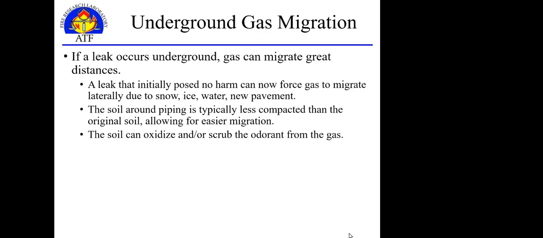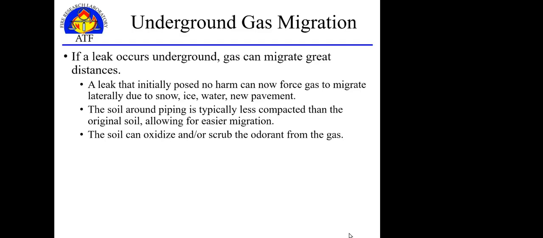What's also interesting with underground leaks is gas can migrate quite a ways underground. Let's say I have a leak outside of my structure, but underground, that started in the summer. That might not be a problem until winter comes and the ground freezes and I've got snow and ice on top of it. Now that gas can't migrate upwards through the soil into the atmosphere, so it migrates laterally.